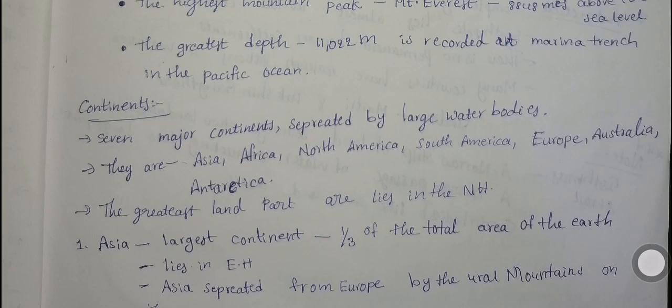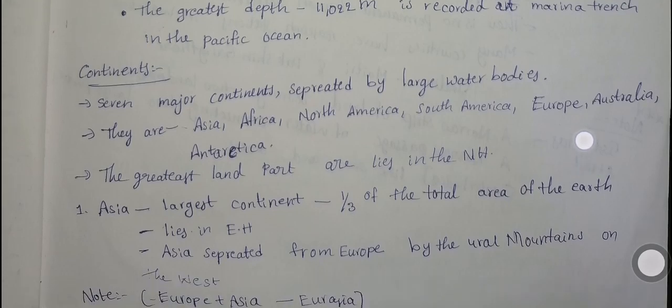The first and largest continent is Asia. One third of the total area of the earth is covered by the Asian continent alone.